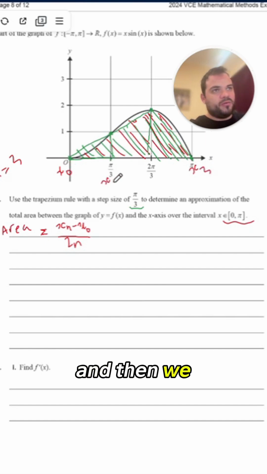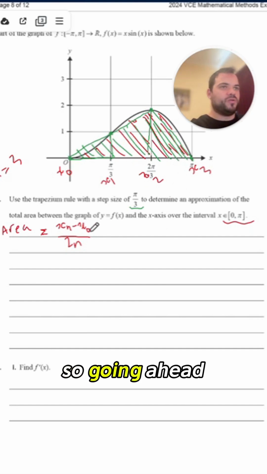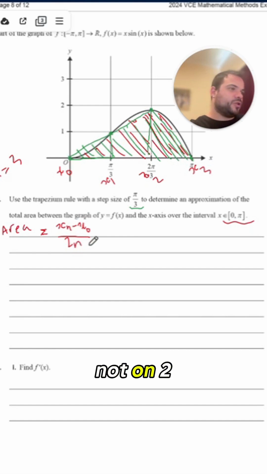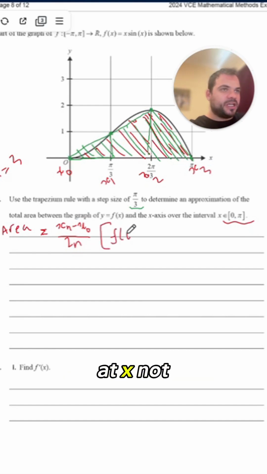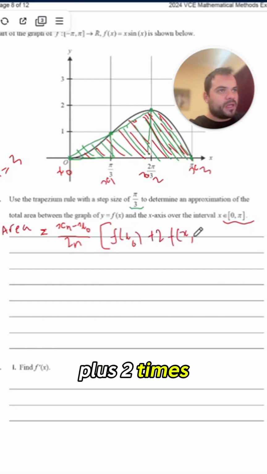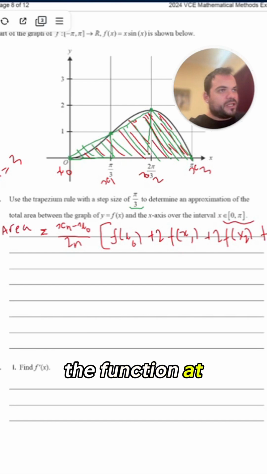And then x1 and x2 are pi on 3 and 2 pi on 3 respectively. So finishing off the formula, we've got xn minus x naught on 2n, times the value of the function at x naught plus 2 times the function at x1 plus 2 times the function at x2 plus the value of the function at x3.